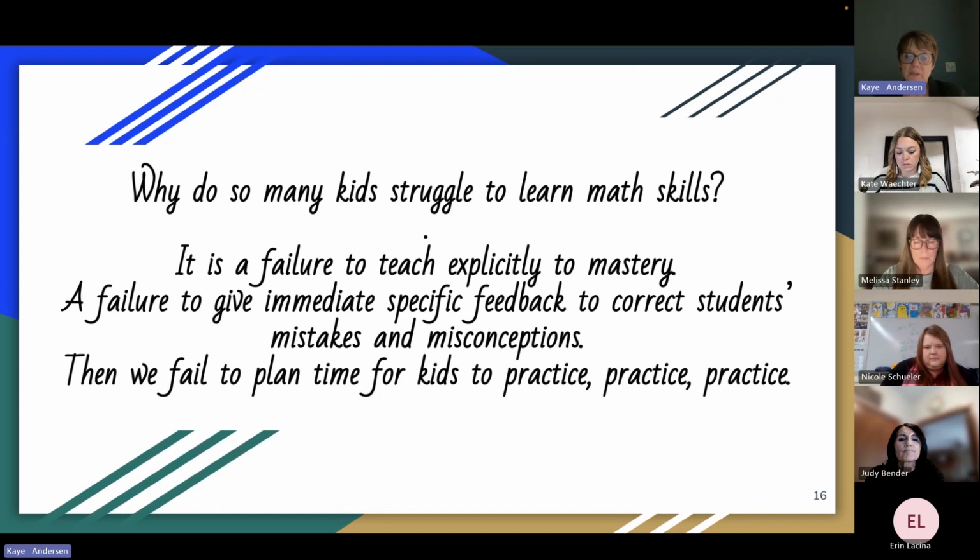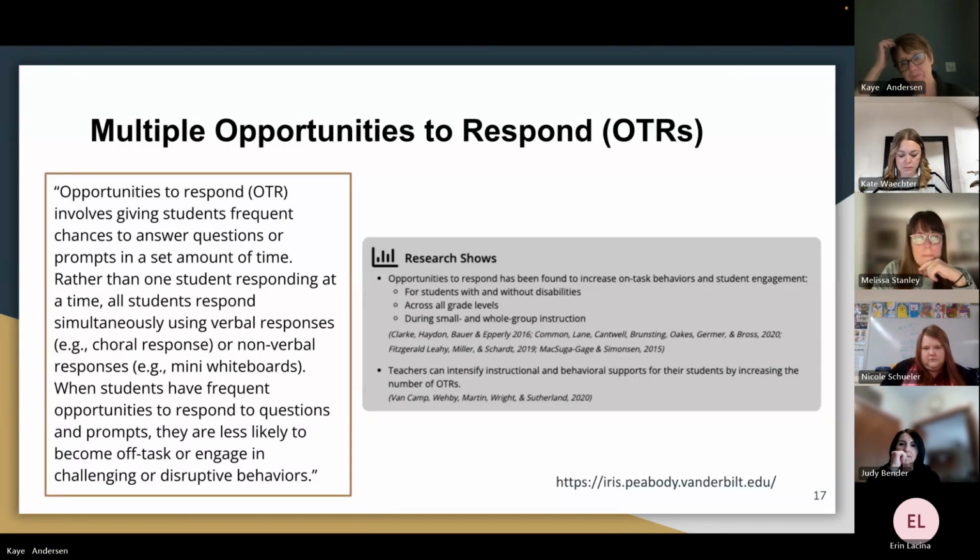We fail to realize the amount of practice that it takes for them to maintain and keep those skills. Especially we have those 4 or 5 students that get it, and they're starting to probably be off task. And so we get ready and we move on. And although those 4 or 5 kids are ready to move on, the bottom line is the rest of our class isn't. So what's that going to look like?